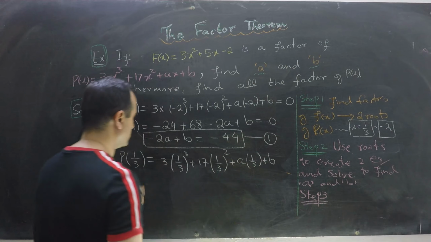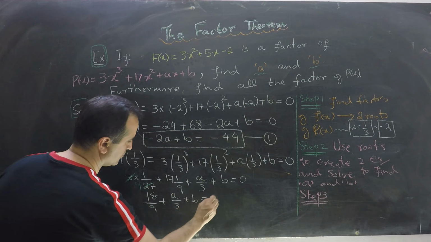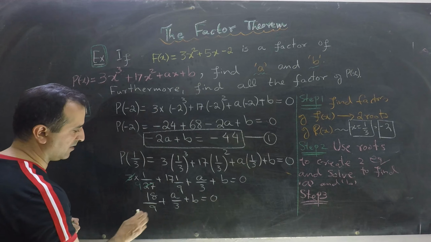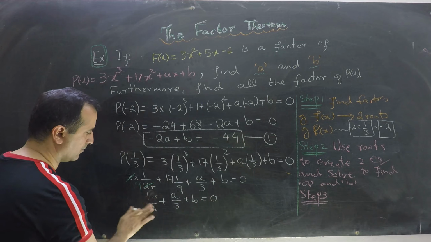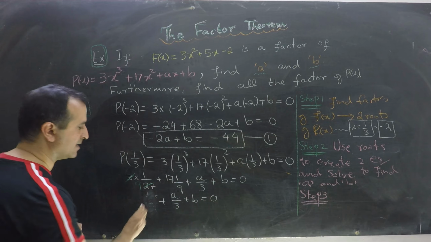We can make the denominator 9, so we have 1 over 9 and 17 over 9. It will become 18 over 9 plus a over 3 plus b equals 0, and we can simplify further by writing 2, because 18 over 9 is equal to 2.